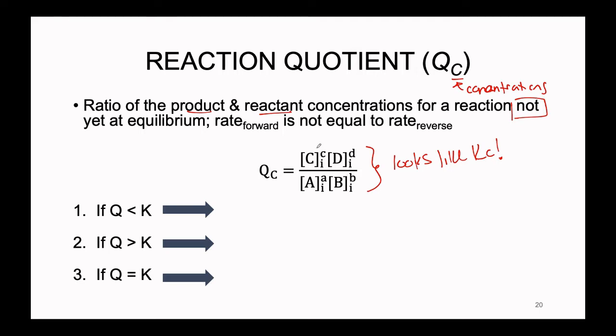The major difference is that this calculation for Q is not at equilibrium, since the forward rate is not necessarily yet equal to the reverse rate in this reversible reaction, which is why in the expression for Qc we have these little subscripts of i. These mean initial conditions. We are not at equilibrium.